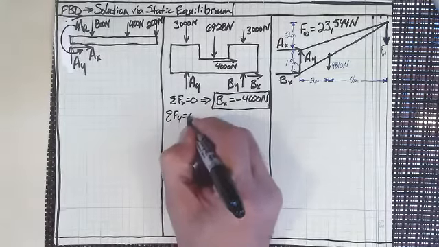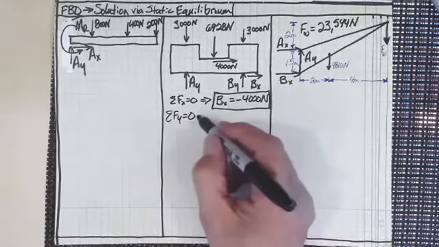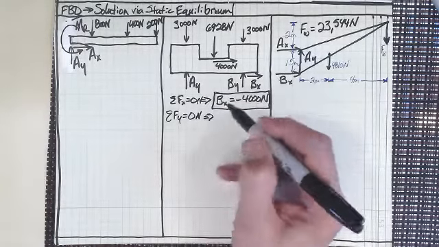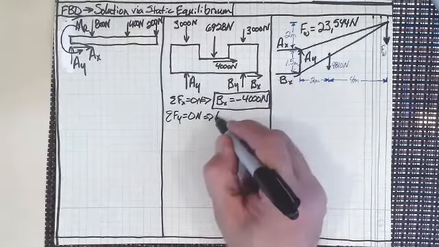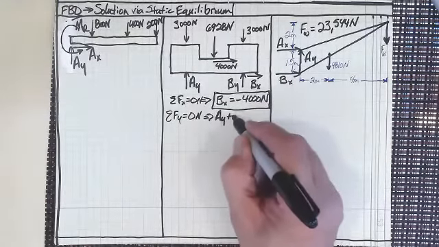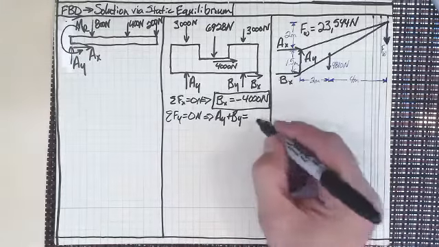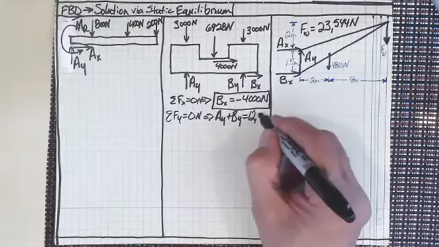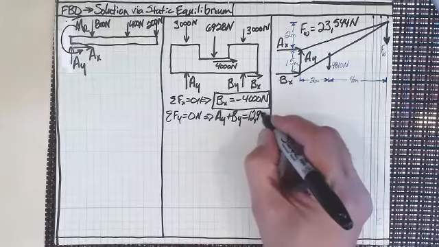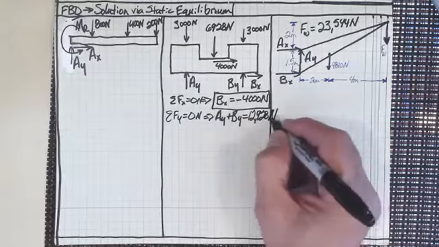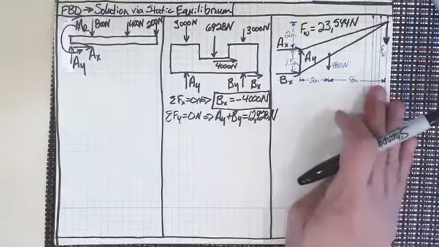Then we sum the forces in the Y direction equal to 0 newtons, right? And what that told us was that A sub Y plus B sub Y equals 12,928 newtons. I'm going to have to extend into the other page.